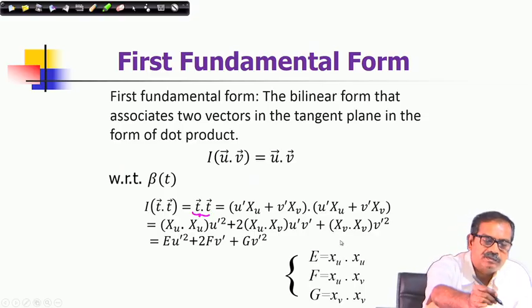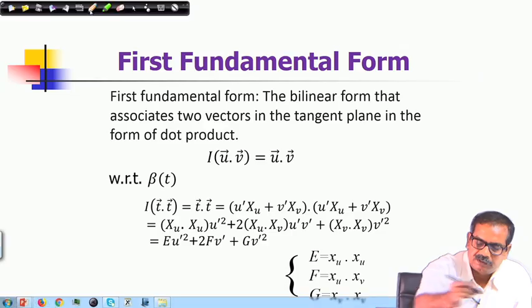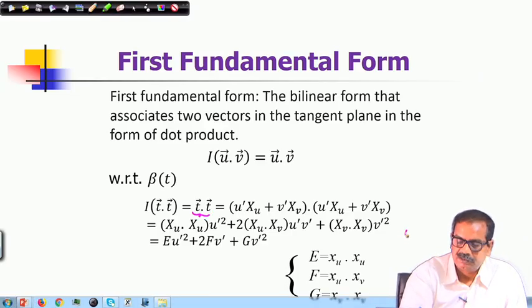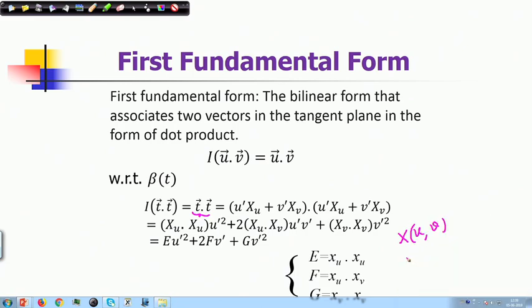This is just to expand. So, x_u is nothing but, say, x_u(u,v), and you are representing this as x_u(u,v), y_u(u,v) and z_u(u,v).